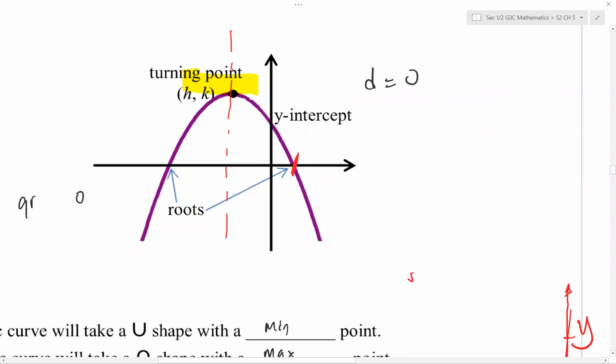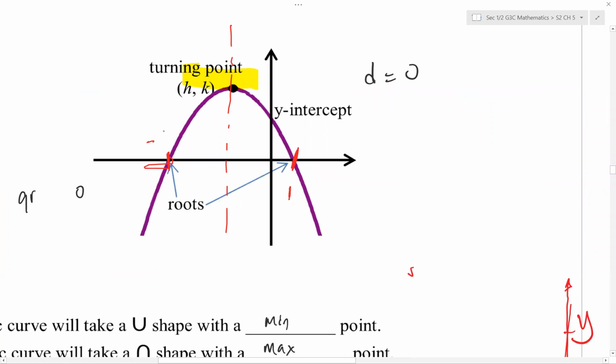Let's say this is 1 for ease of calculation. Let's say this is a value of, clearly it is negative, let's say negative 7. So what is in the middle of negative 7 and 1? Don't be scared.